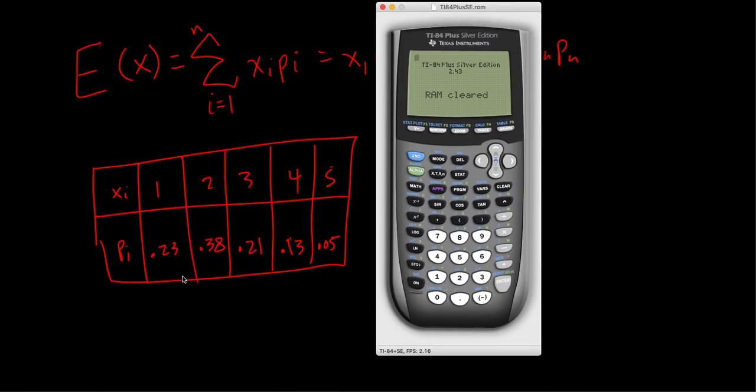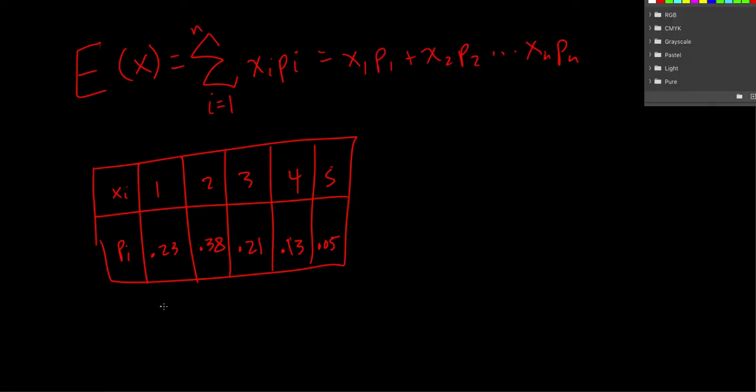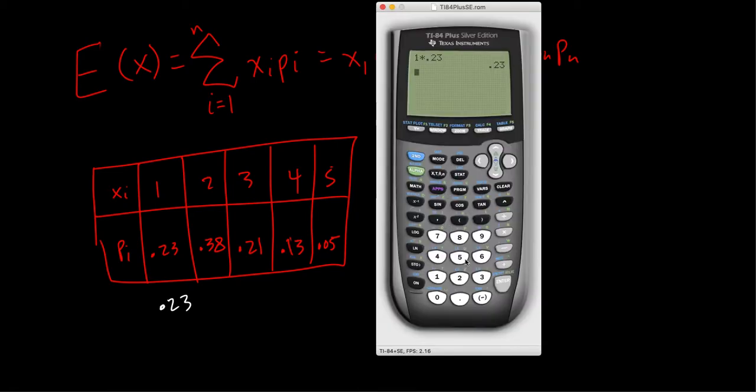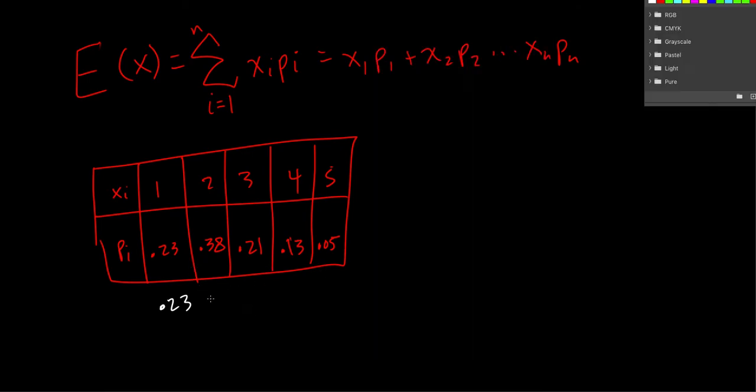So we just do 1 times 0.23, which is 0.23. Then 0.38 times 2, 0.21 times 3, so 0.76 and 0.63.